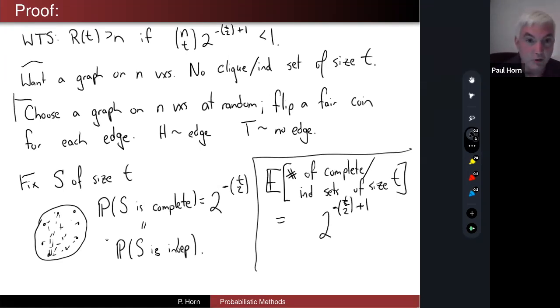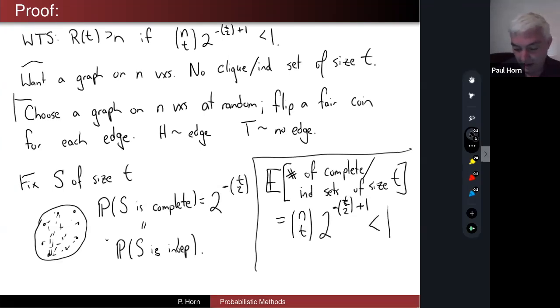And I'm adding up over all the different t subsets. There are n choose t of them that could potentially be complete or independent. This is the expected number.